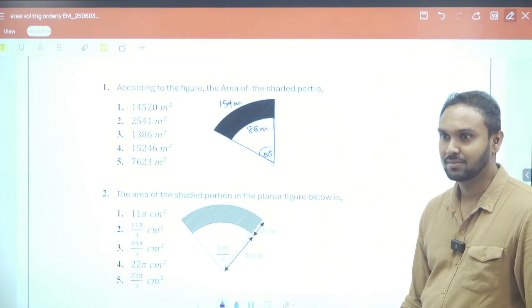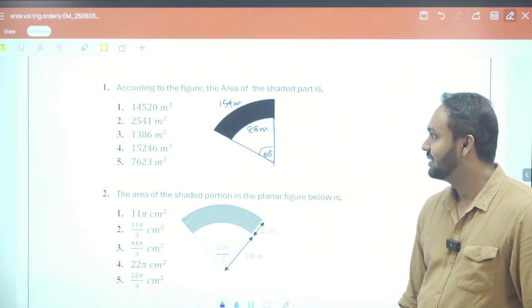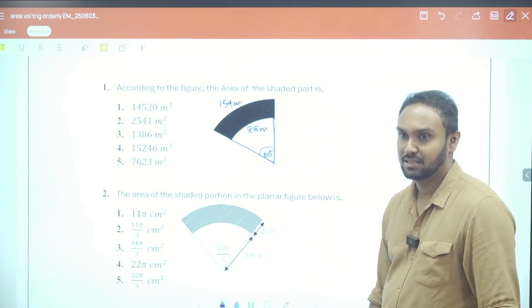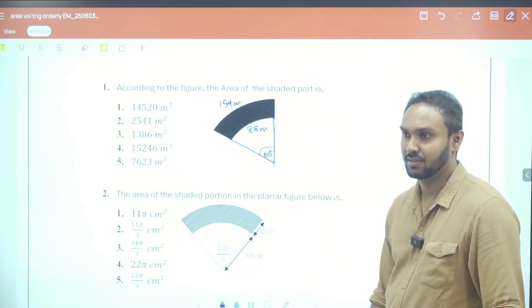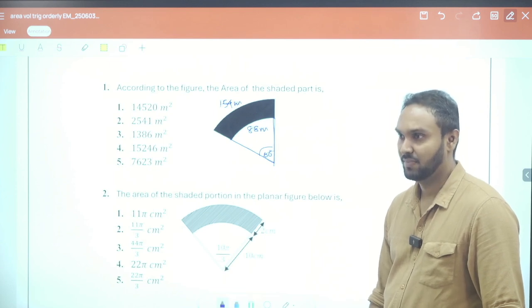Done? Do it. So what are you lacking here? You don't have the radius, right? Only the arc lengths are given. So you have to find the radius first. Find the radius first.